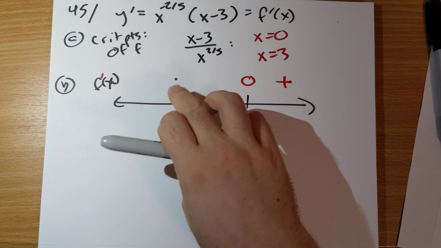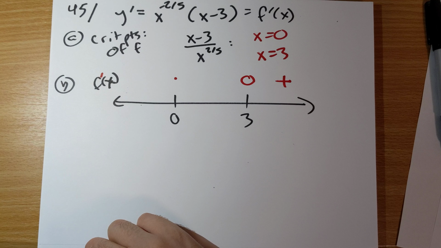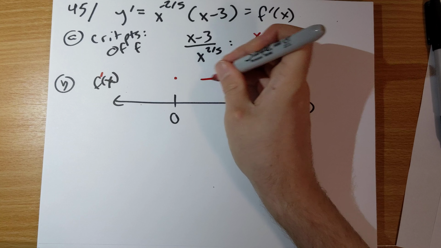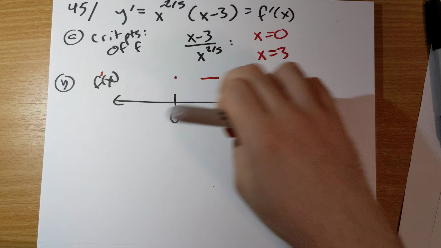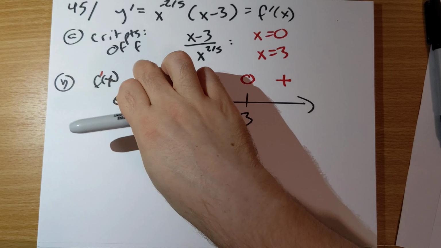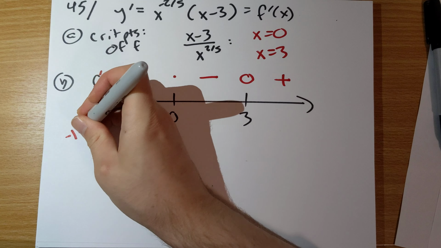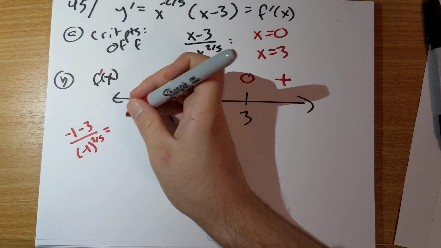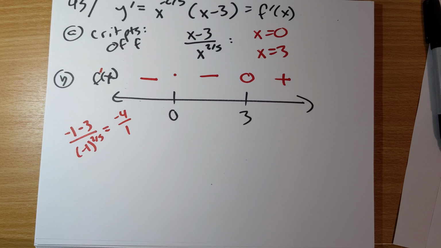If x is between 0 and 3, like 1, 1 minus 3 is negative, 1 to the 2/5 is positive. Negative over positive is negative. And then finally, if x is less than 0, like minus 1, we have minus 3 over minus 1 to the 2/5. So minus 1 to the 2/5 is actually going to end up being positive 1. And so down here, this is also negative.